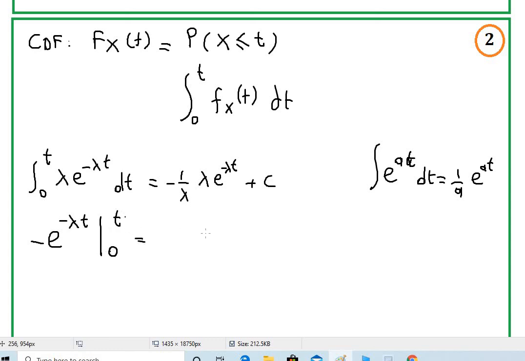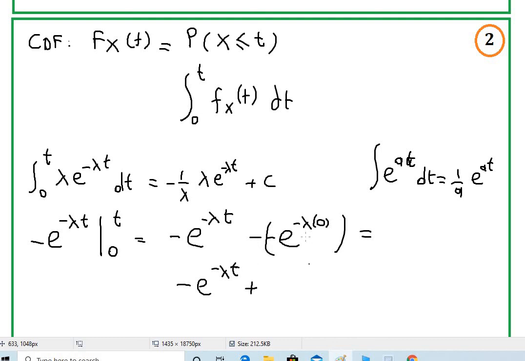Now our upper boundary is t, which gives negative e to the negative lambda t, minus negative e to the negative lambda times 0. So this is negative e to the negative lambda t, negative will be plus, e to the 0 is 1.